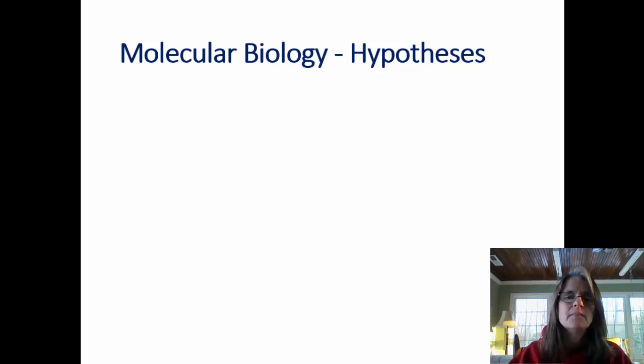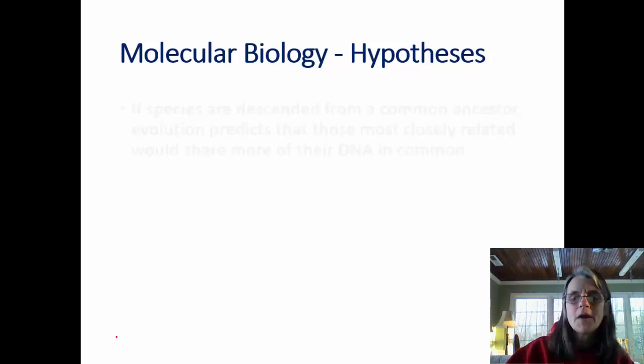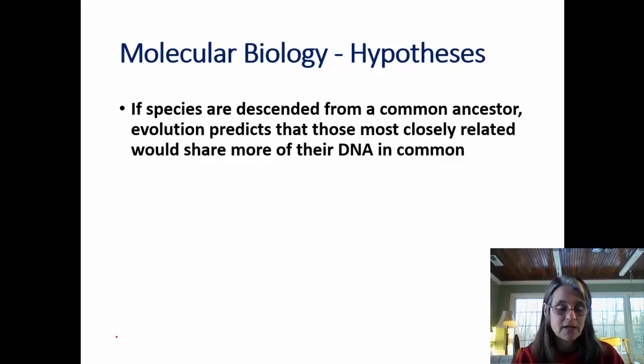Okay? Now, again, the thing about evolutionary theory and the fact that it's based in science is that you should be able to make certain predictions and then be able to test them. That's what science is all about. Okay, so what hypotheses can we make?